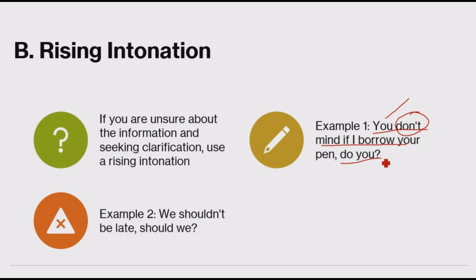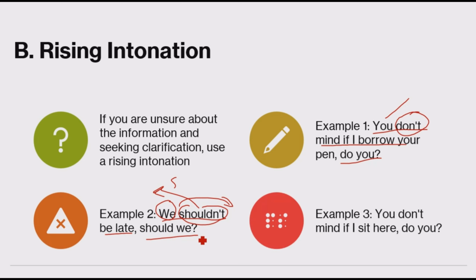Example 2, we shouldn't be late. So in this case, we are dealing with a negative. We is a subject. Then we comes this side. Then shouldn't, we negate it, so it becomes a positive. So it becomes should we.